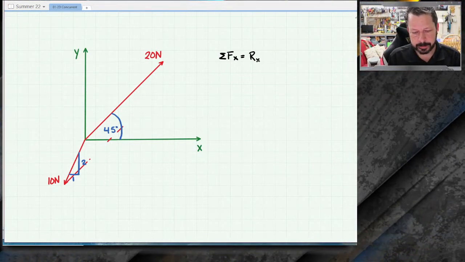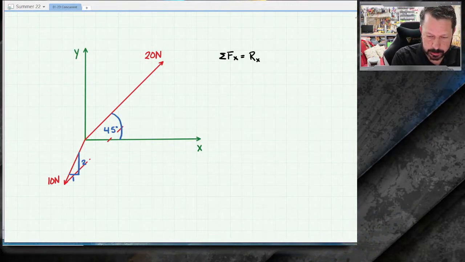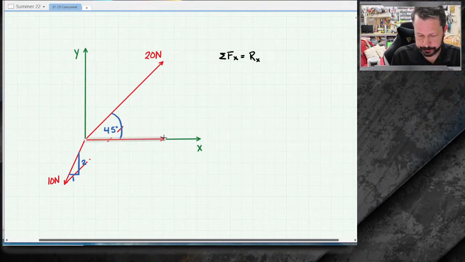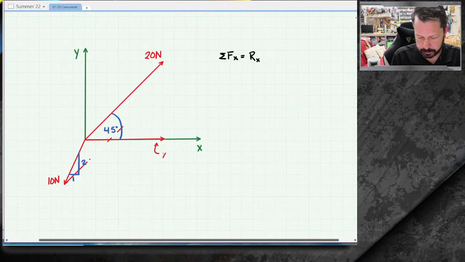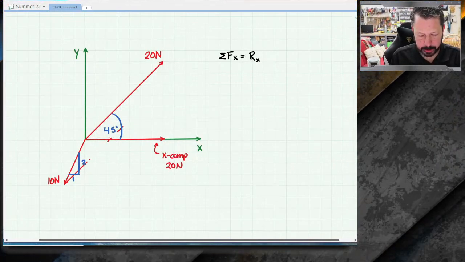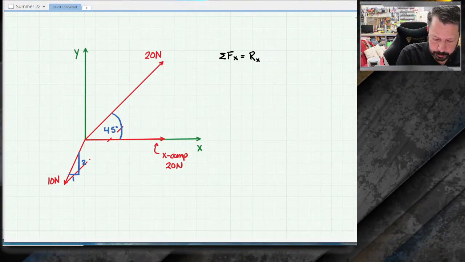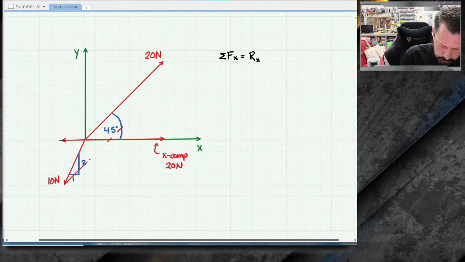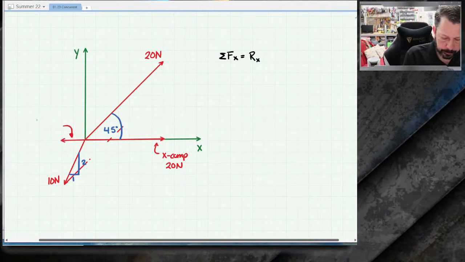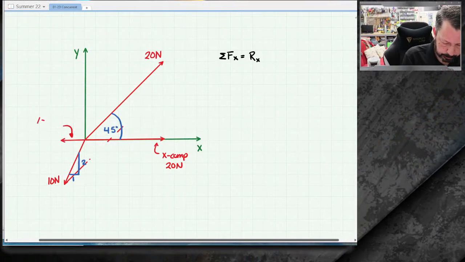So we need to find the x component of the 20 Newton force, that one. And we need to find the x component of the 10 Newton force, that guy. And we need to add those two things together. Oh, not y, x component.